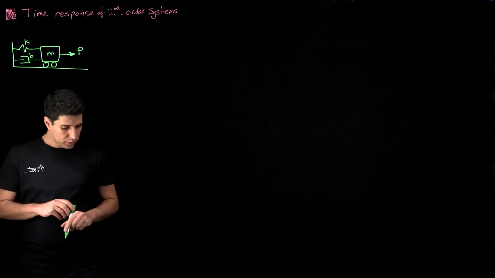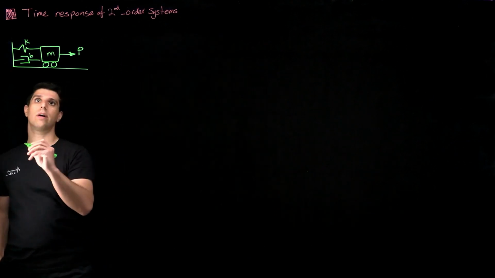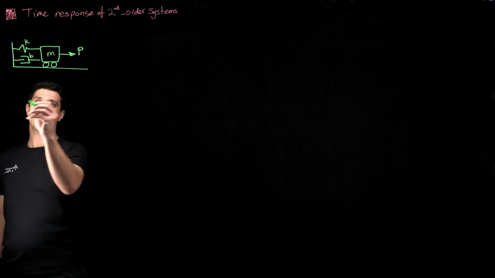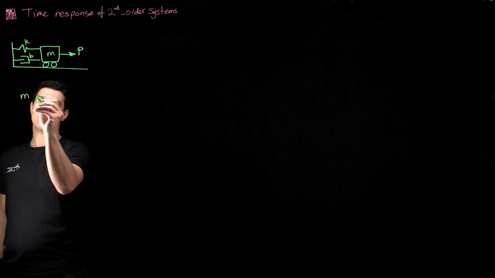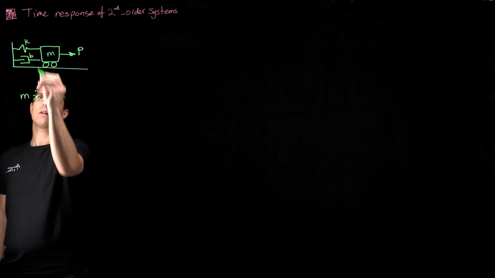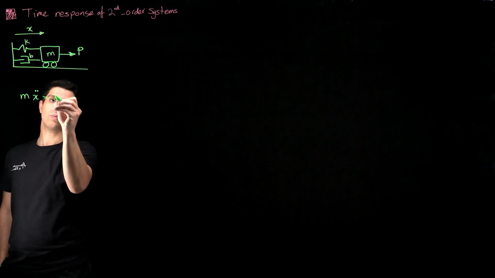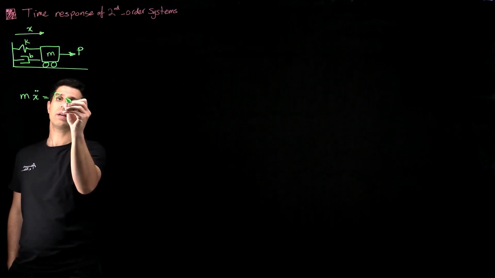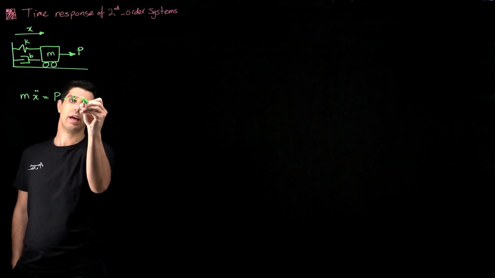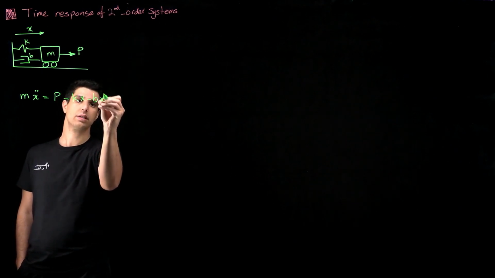If we want to start, maybe I can write the equations of motion. We know mass times acceleration, let's call this distance x, equals my force P minus kx minus b x dot.